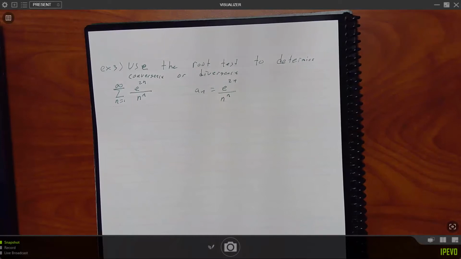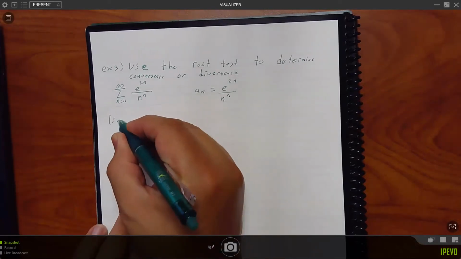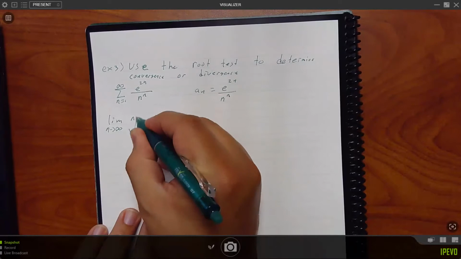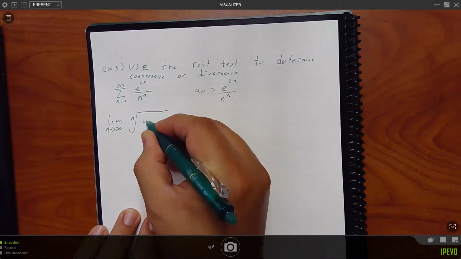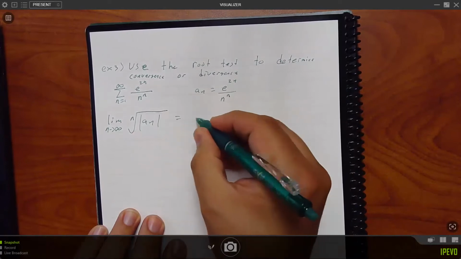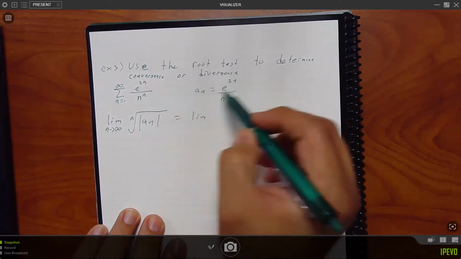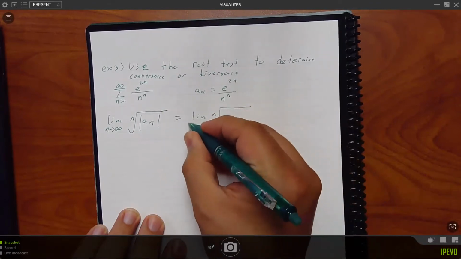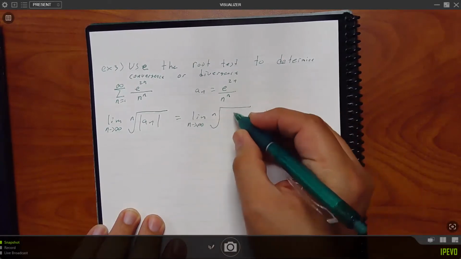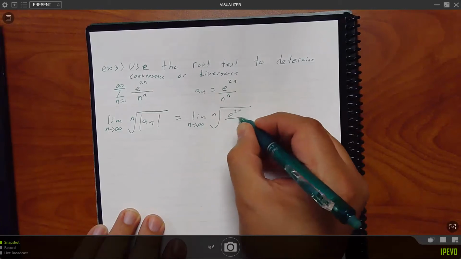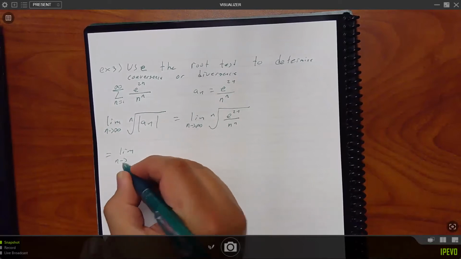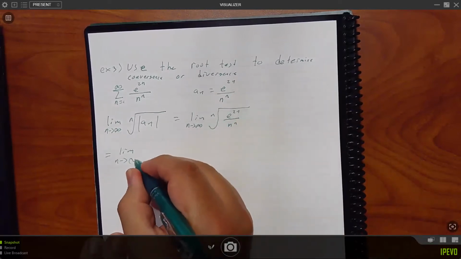So the root test says you take an nth root. Base of n, absolute value. Absolute value, well, it doesn't really make a difference here, but just know that we took it. And we know that these roots can be written as a fractional power, right?